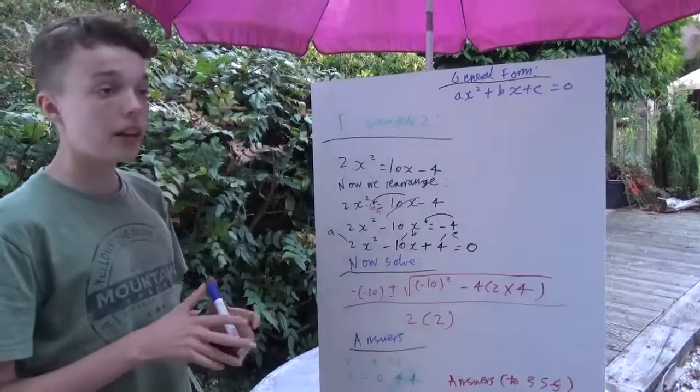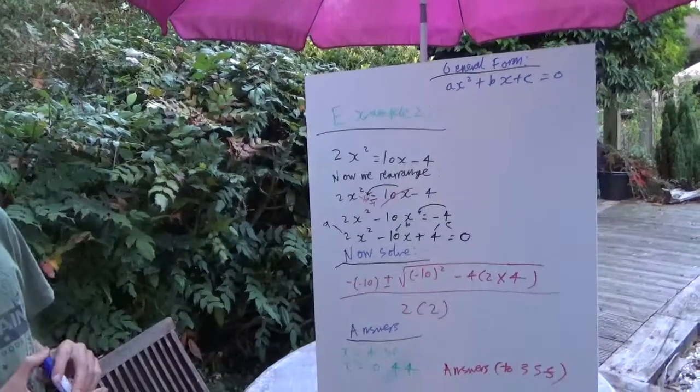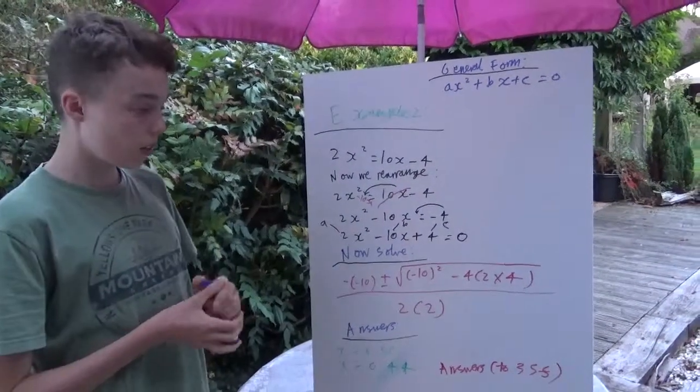That is now in the general form, ax squared plus bx plus c, so it is possible to run that through and do some substitution.